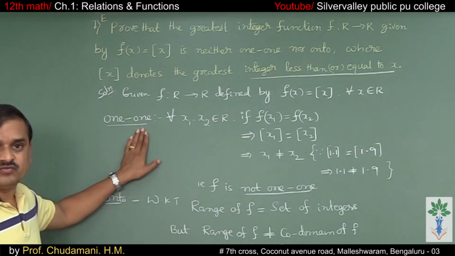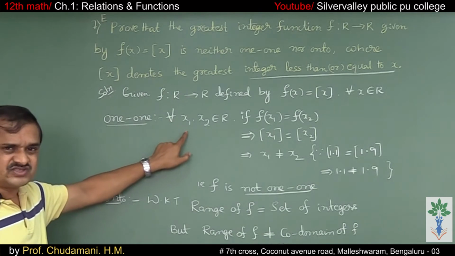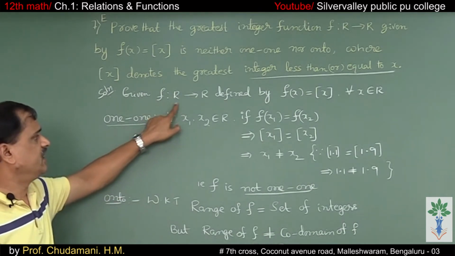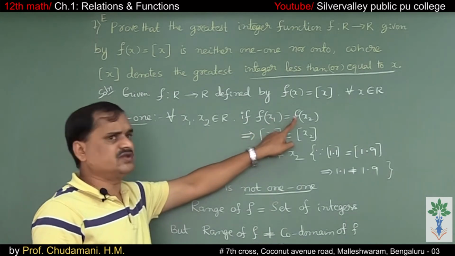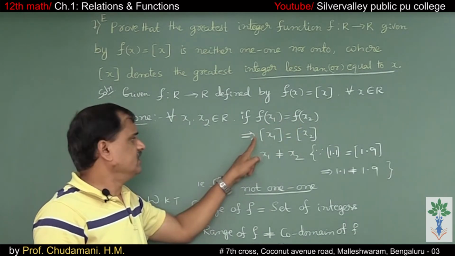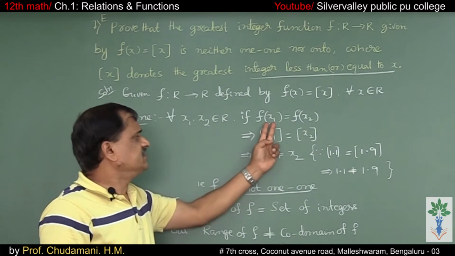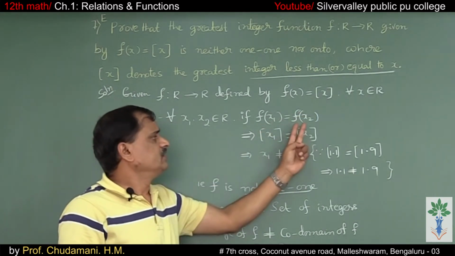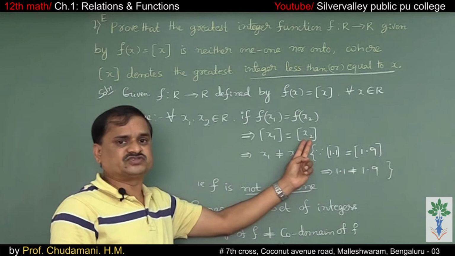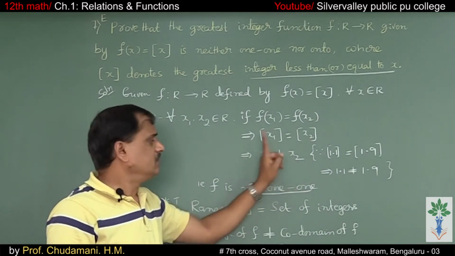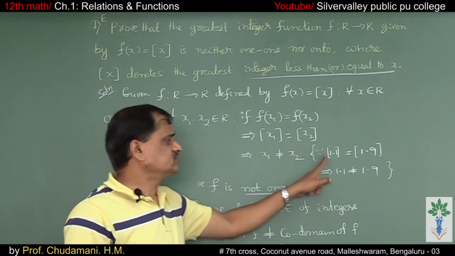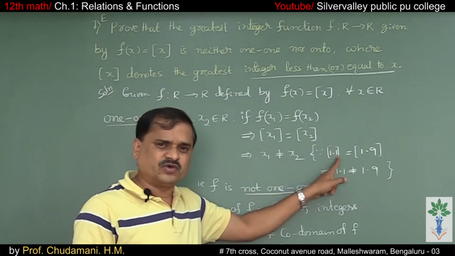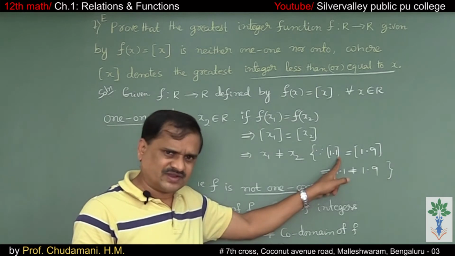Let me verify 1-1 function. For all x1 and x2 belongs to the domain, that is real numbers, if f of x1 equals f of x2 implies greatest integer function of x1 equals greatest integer function of x2. These two are equal, but x1 and x2 are not equal. Why? Because greatest integer function of 1.1 is 1.